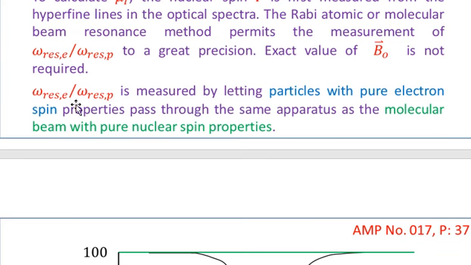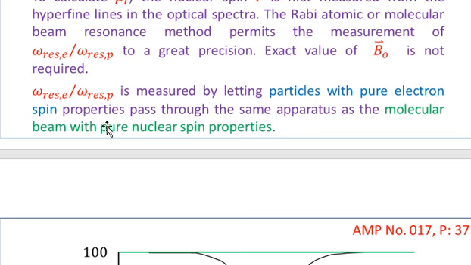Omega resonance E to omega resonance P is measured by letting particles with pure electron spin properties pass through the same apparatus as the molecular beam with pure nuclear spin properties. So you see that omega resonance E will be measured when particles with pure electron spin are used. That is, the orbital part of the electronic beam is not present, only the spin part of the electronic system is present.